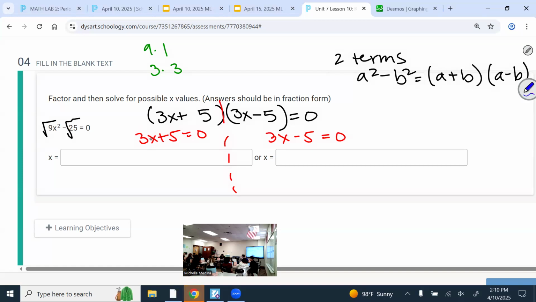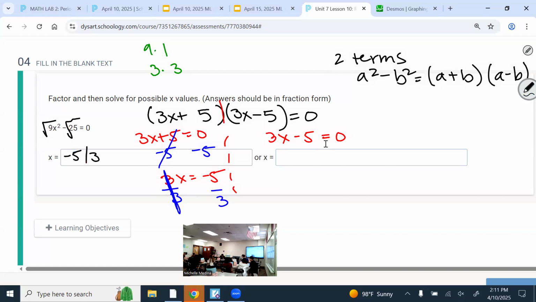So in this first one, I would be subtracting 5 on each side. Then opposite of multiplying by 3 is dividing by 3. And it wants fractions, not decimals. So one of my answers will be -5/3.